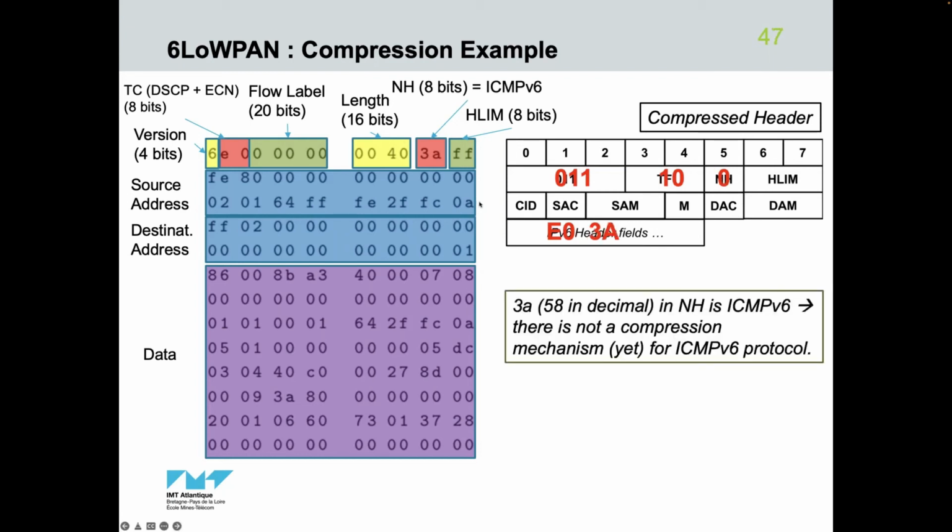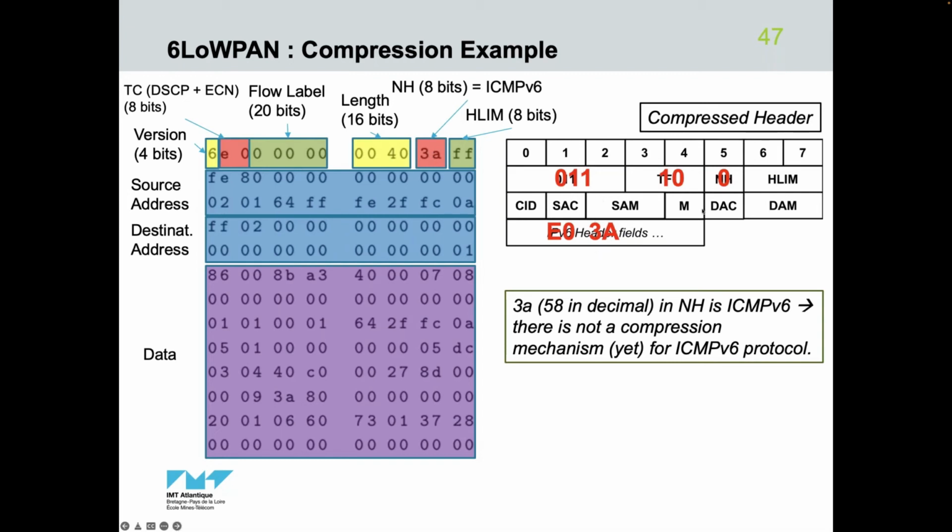Then we have the 1-bit next header field. In this example, it is labeled as 0, since the next header field is not compressed, and thus all 8 bits for the next header are carried in line. So as you can see here, 3A, which represents ICMPv6, must be carried in line.